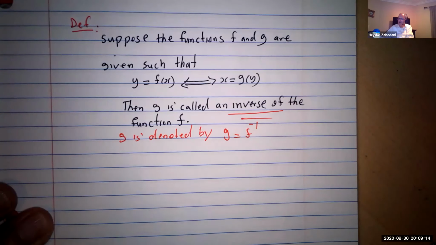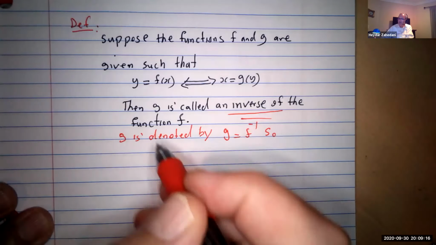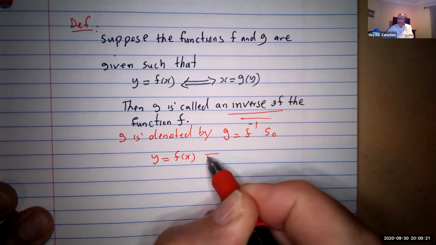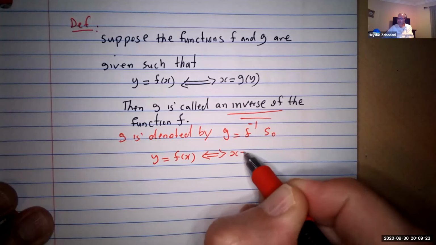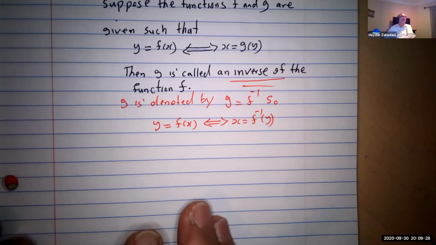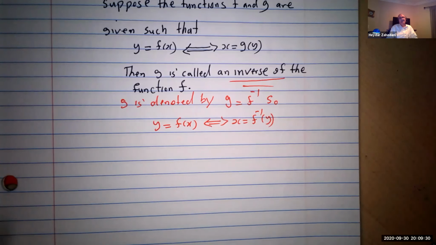So if you like, you can rewrite it: y equal to the f of x if and only if x is equal to the f inverse of y. So you switch exactly the way we did it. Originally you have x comma y, now you get y comma x. If you can find the second function, there is no guarantee that you'll be able to find it all the time.